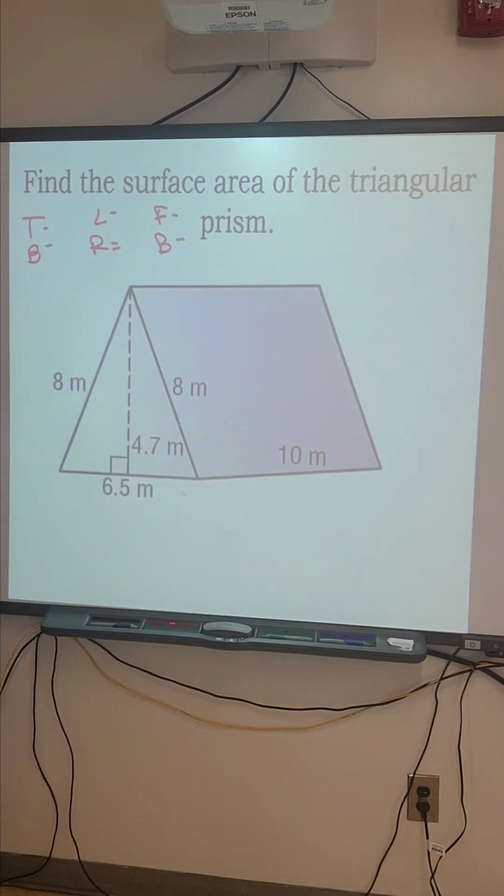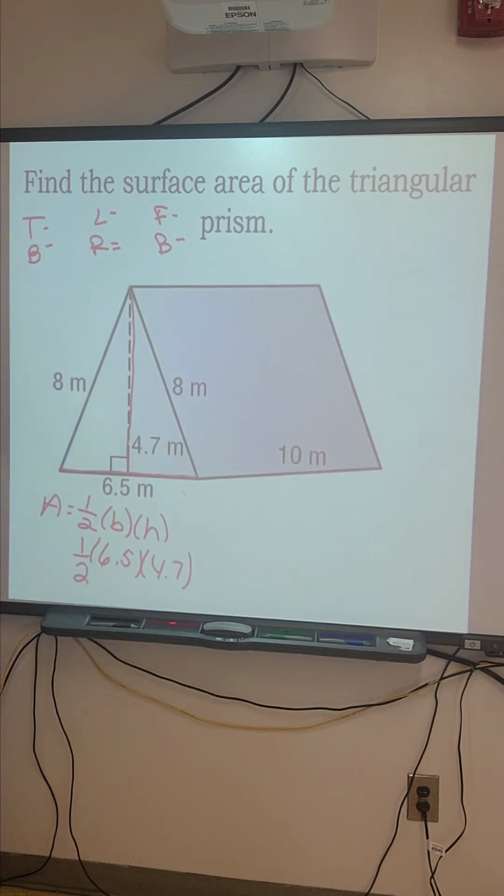Remember, the formula for the area of a triangle is A equals 1/2 times your base times your height. So 1/2 times your base of this triangle, 6.5, times your height of this triangle, which is 4.7.